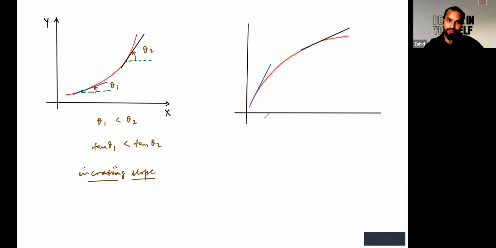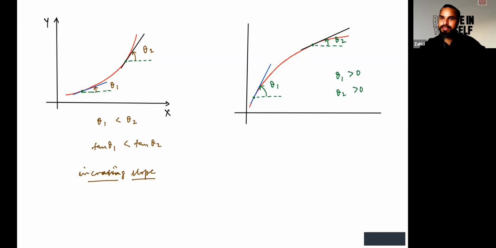If you draw a horizontal at the point of contact at this point, and similarly at this point, this would again be in the anti-clockwise direction. Here theta 1 is, and there theta 2 is. Both thetas are calculated in the anti-clockwise direction, so both are positive.